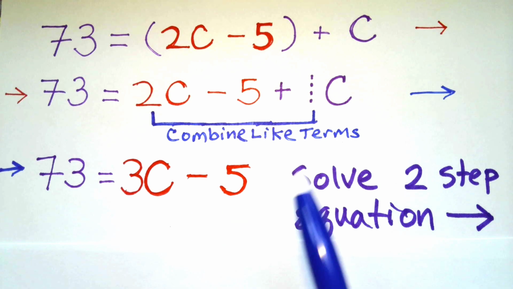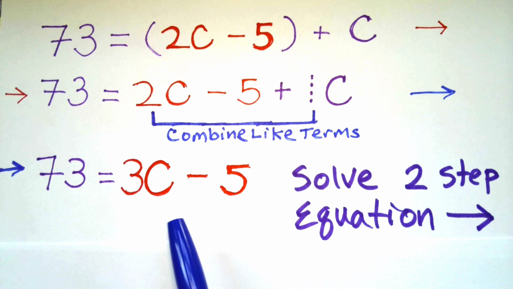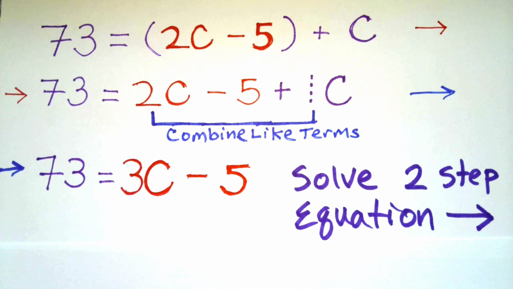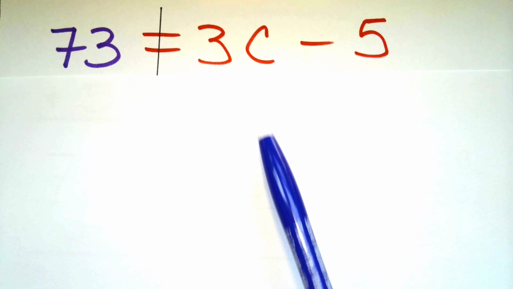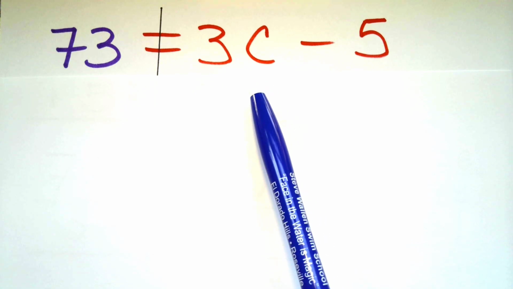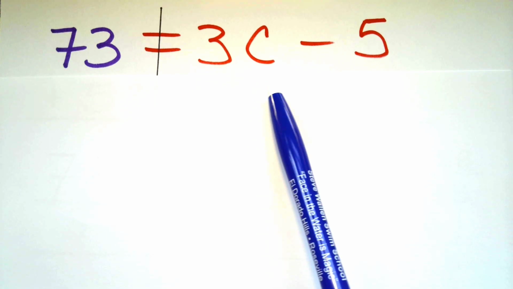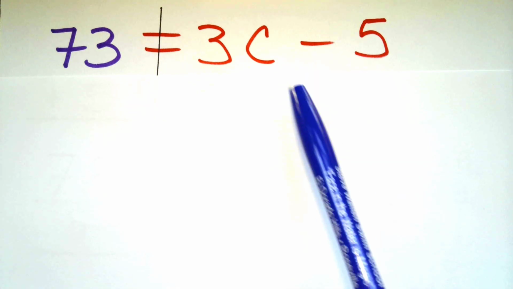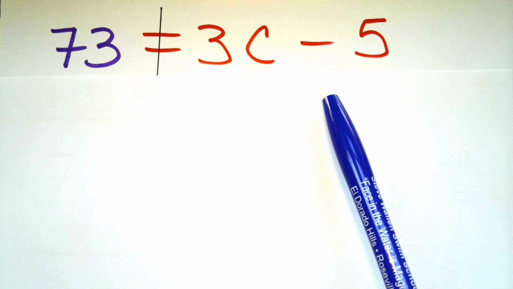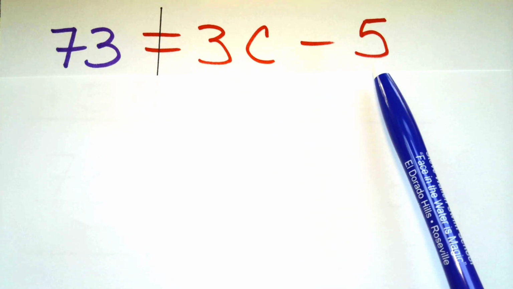Now we're going to solve the two-step equation in order to get C all by itself. We're going to use what's called inverse operations. Okay, and looking up at this two-step equation, I want to get C all by itself. So the first thing I start with is the inverse, or the opposite of a negative 5.